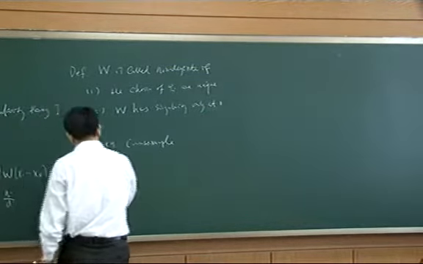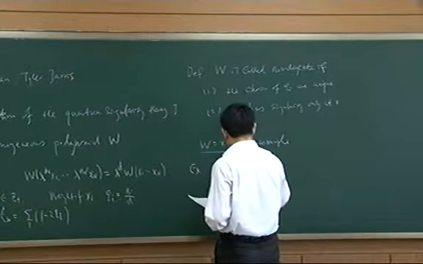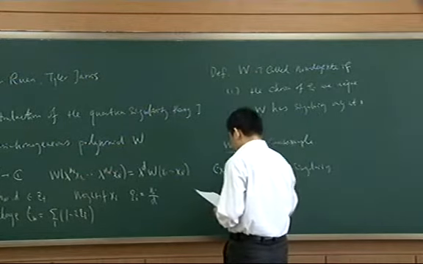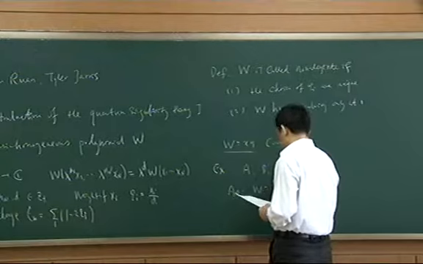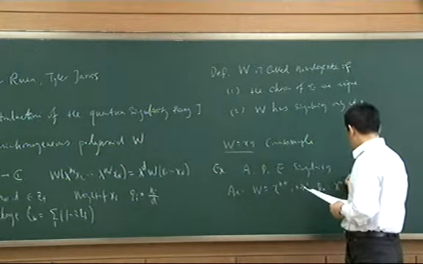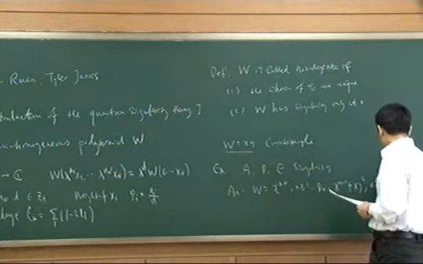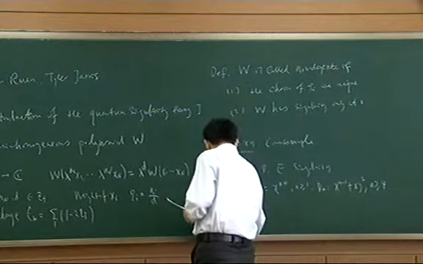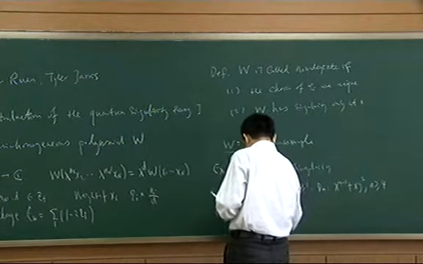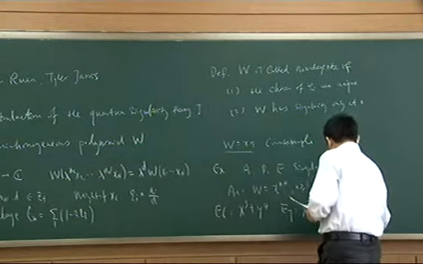For example, this includes the A, D, E singularities. A_n is this simple monomial, and D_n is x^{n-1} plus xy^2 for n greater than or equal to 4. Then E6, E7, E8.